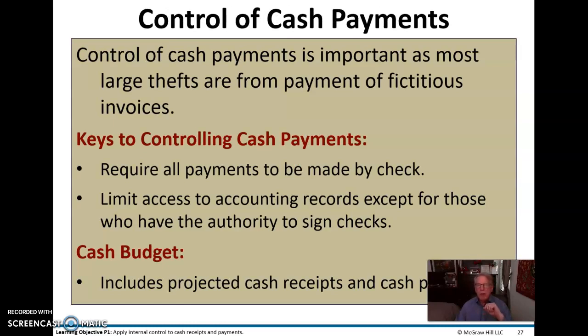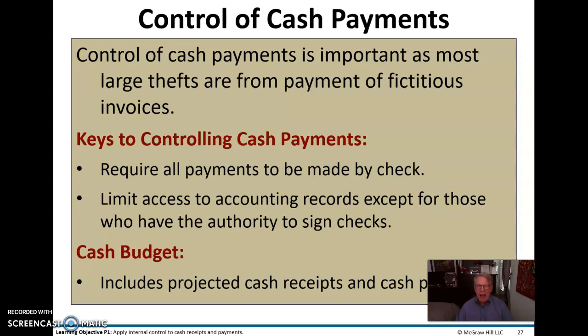So how do we control these cash payments? These cash payments are important, as most of the large thefts from companies involve the payment of fictitious invoices. So how do we control that? We require that all payments be made by check.